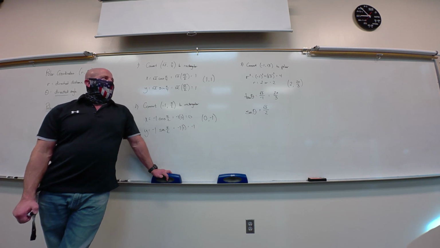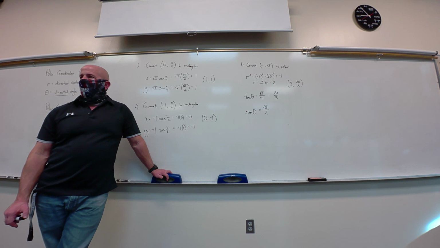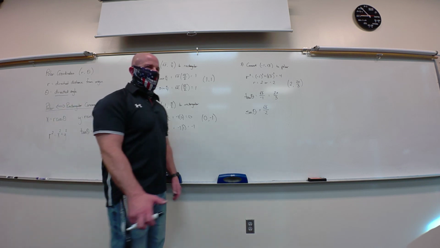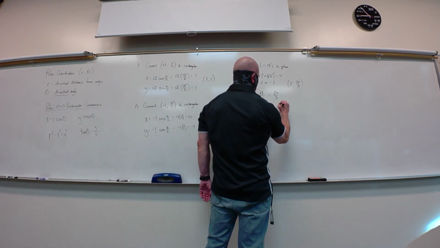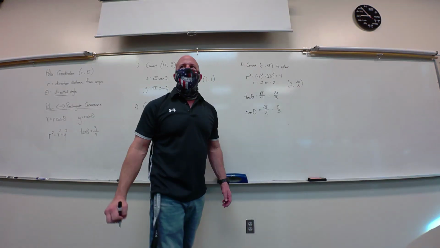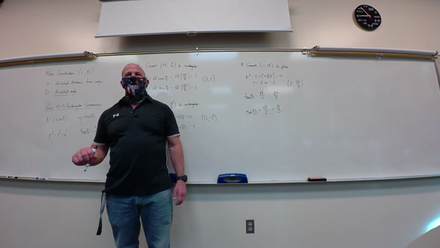So if I did sine, it would be y over r. Everybody agree with that? All right, and so if I did sine, y over r, it's going to tell me, even if I did it in my calculator, it'd tell me pi thirds, right? But I got to remember I'm in quadrant 2.